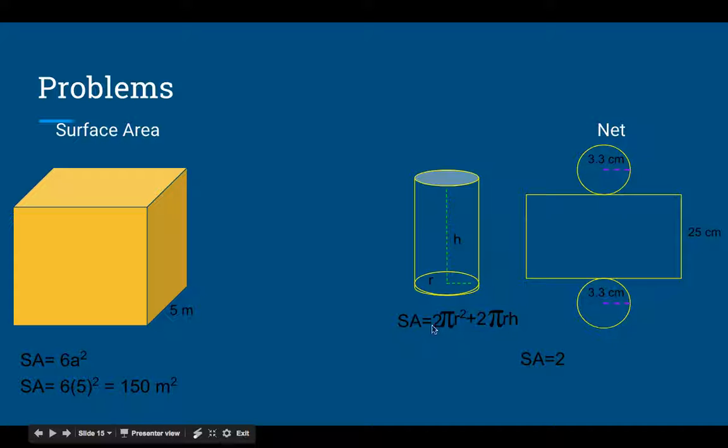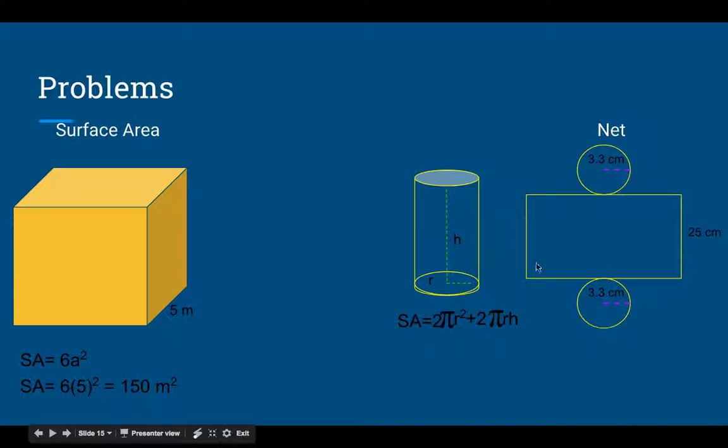The area of the circles is 2 pi r squared, because there are two of them. And for the rectangle, it's going to be 2 pi times r times height.